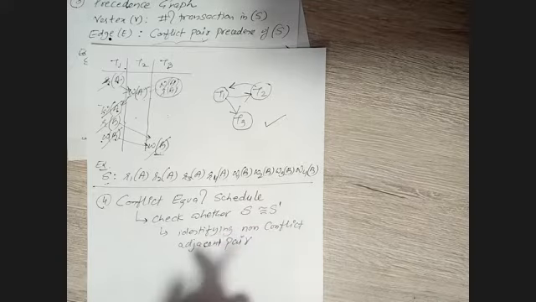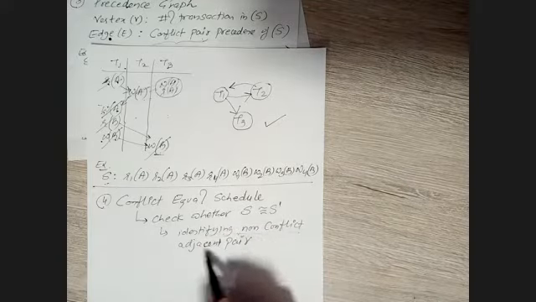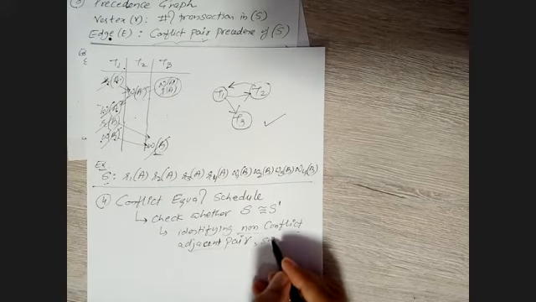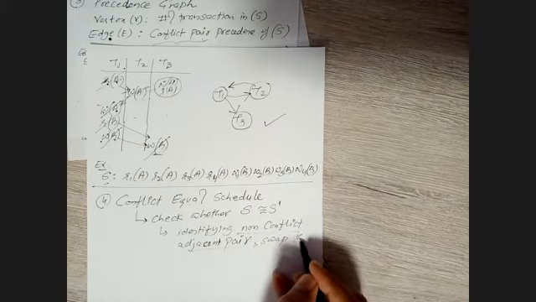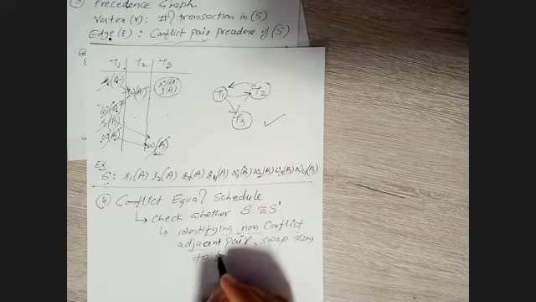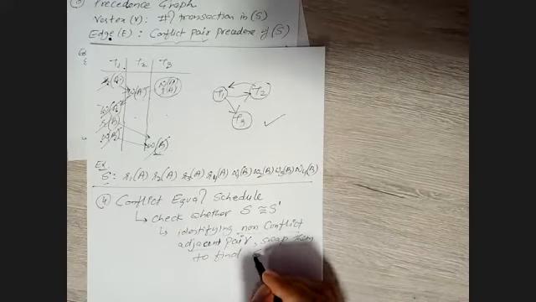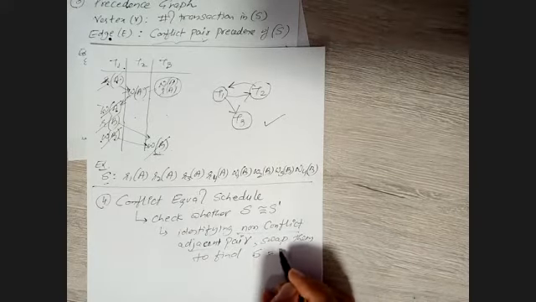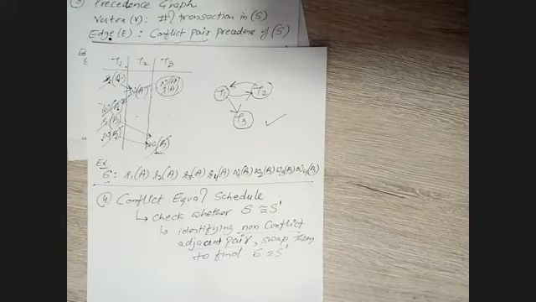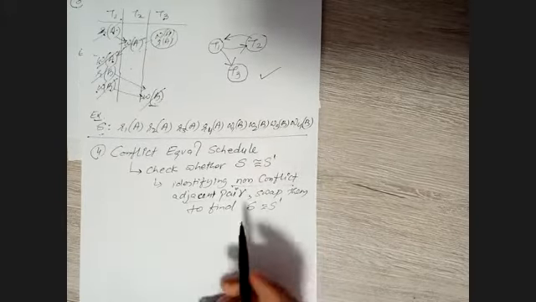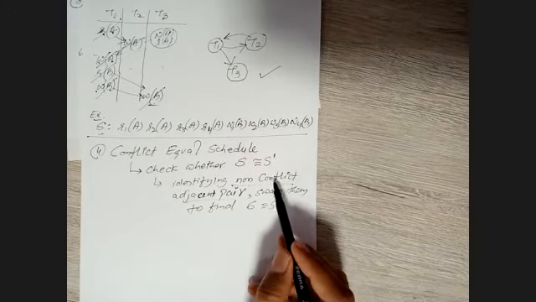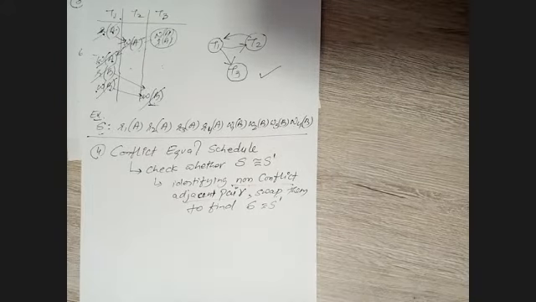First identify non-conflict adjacent pairs and then swap them to find whether S is equivalent to S dash or not. So understand, we swap non-conflict pairs, because we have understood now that swapping conflict pairs will give you a different answer.